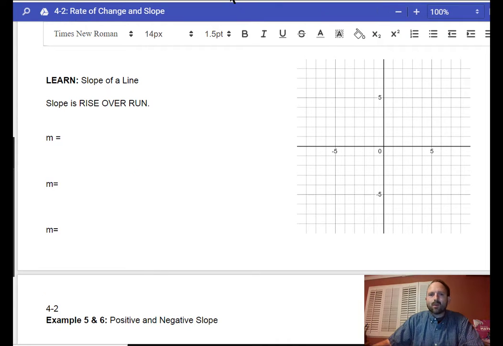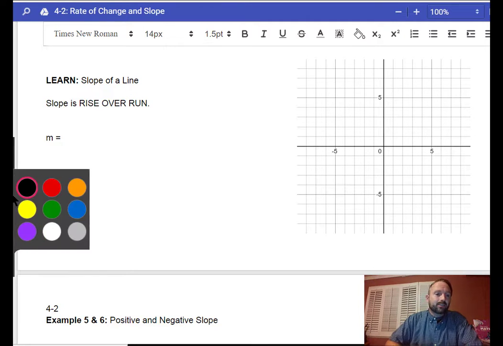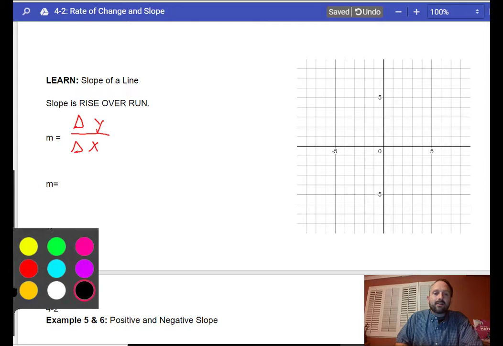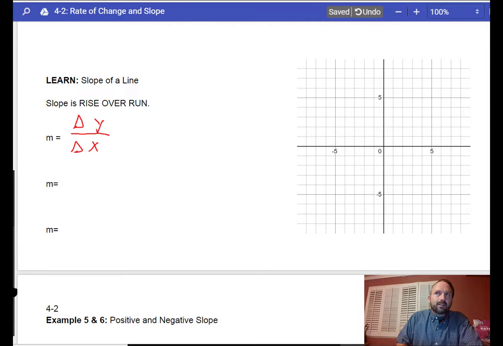All right, so we're going to talk about what is slope. Slope is pretty much going to be rise over run. This is what we know as the delta y over the delta x, or the change in y over the change in x.